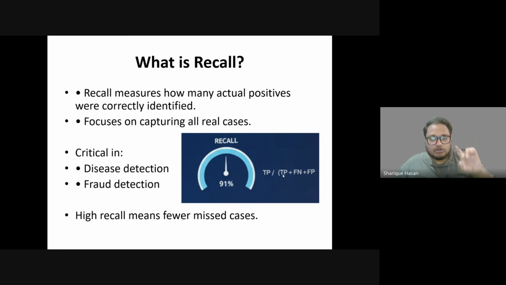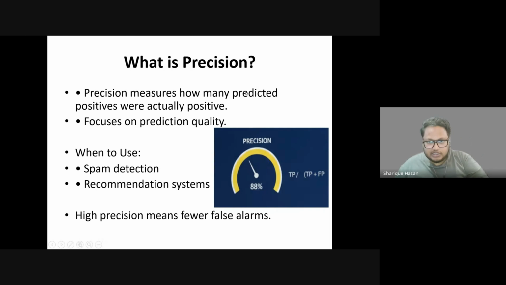In precision, high precision means we reduce false alarms. If the precision is high, it means the true positive is the majority of the whole predicted positive area, so the model is predicting most things correctly.